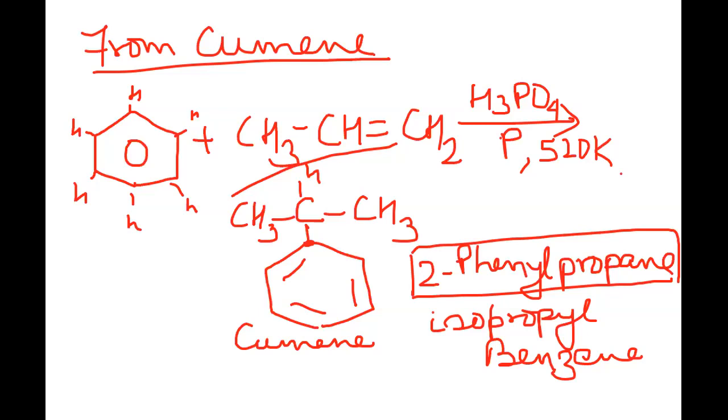Obviously, it's a propane molecule to which the phenyl is attached. Alkyl groups and phenyl groups are considered to be substituents, so they don't go into the parent name. So this is going to be 2-phenyl propane, and the common name can also be isopropyl benzene. Why isopropyl? Because the propyl group is adding through the middle carbon atom. So this was just the preparation of cumene that I explained.